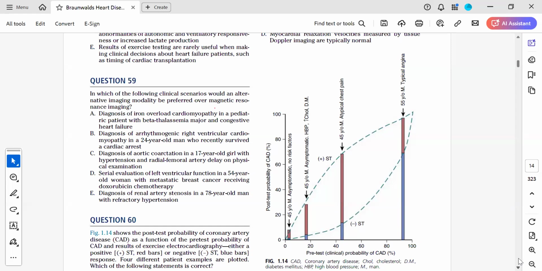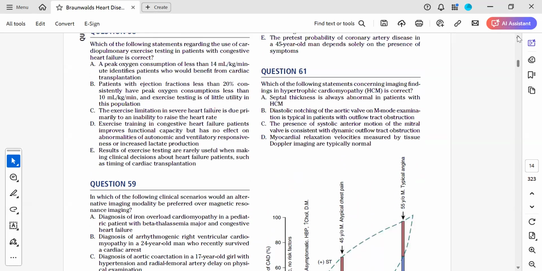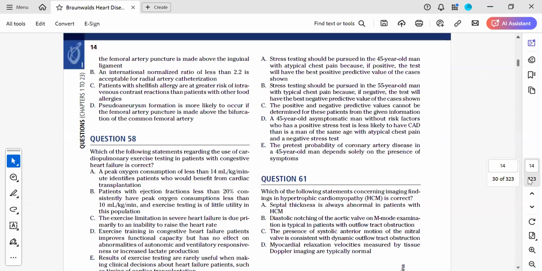So let's go back to the question now. Question 60, figure 1.14.